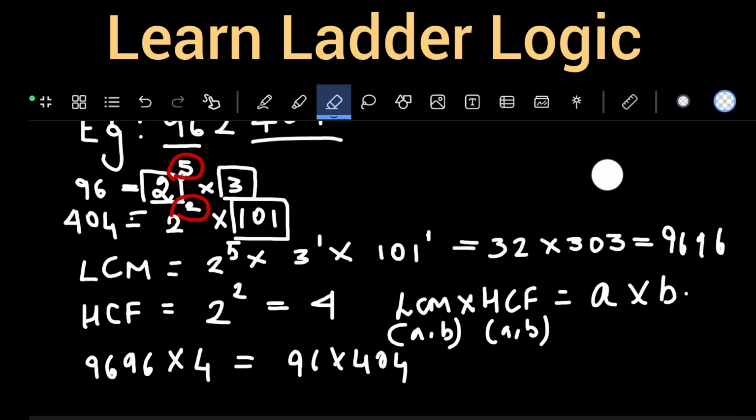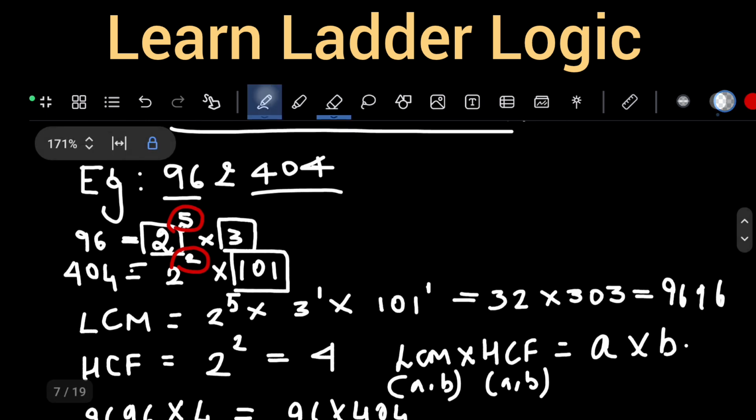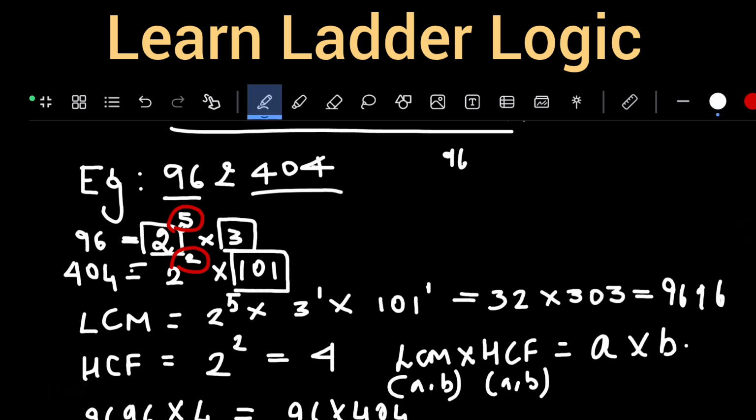I'll try it here. 9696 into 4. 4 sixes are 24, 4 nines are 36.